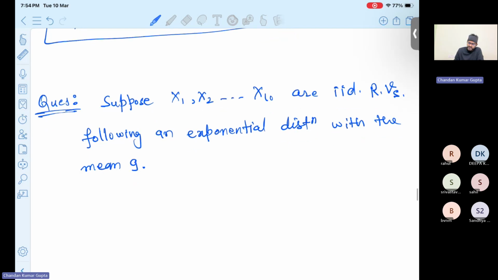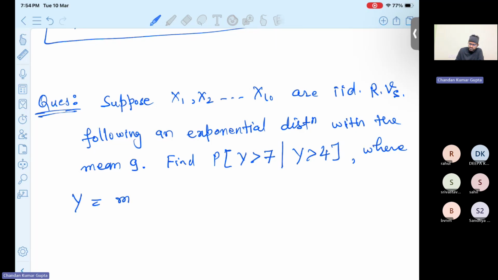Now the question is to find the probability that y is greater than 7 given that y is greater than 4, where y is equal to the minimum of x1, x2, up to x10.